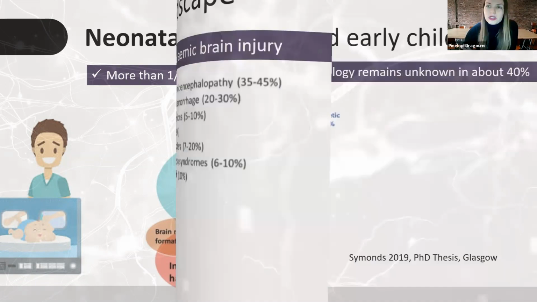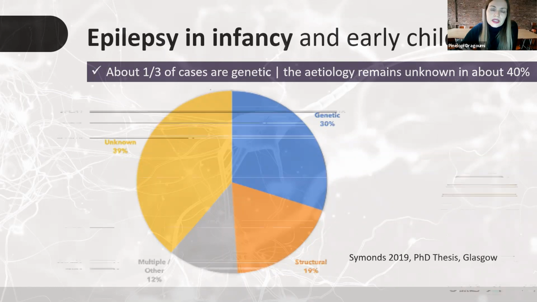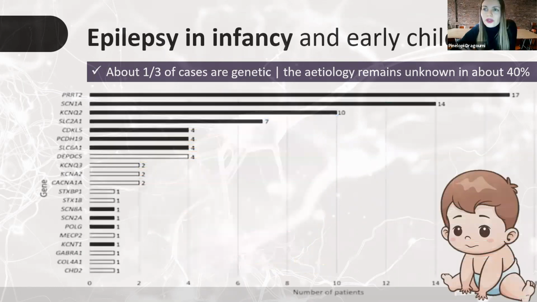But this changes around infancy, early infancy and early childhood, with about 1/3 of cases being genetic, and actually more of the monogenic epilepsies being diagnosed in this age group. And the etiology remains unknown in quite a big percentage, about 30% of the cases. And this is a list of the most common genes that are identified as pathogenic in these early infancy, early childhood epilepsies.